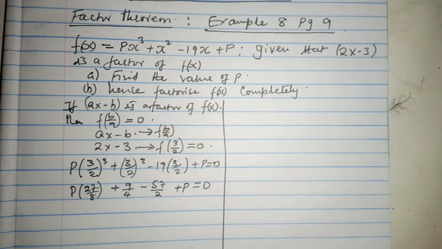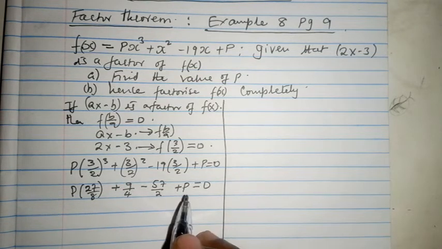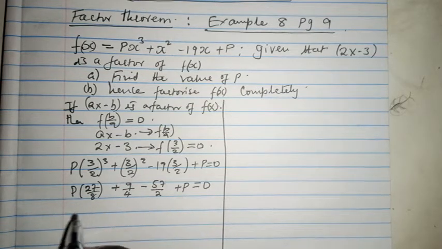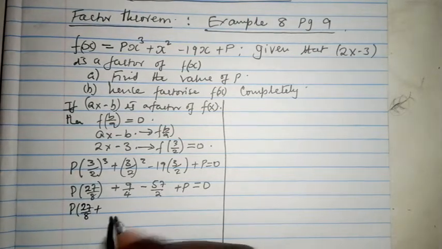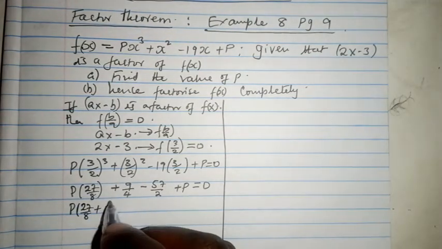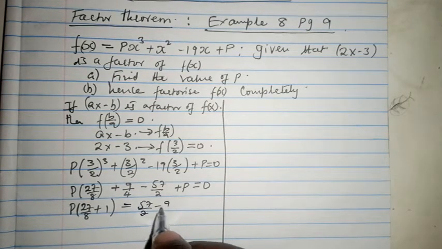At that particular point, we realize that 27 over 8 p plus p, that is p(27 over 8 plus 1), because we have just factored p outside, is equal to 57 over 2 minus 9 over 4.